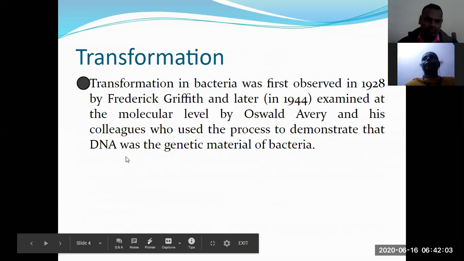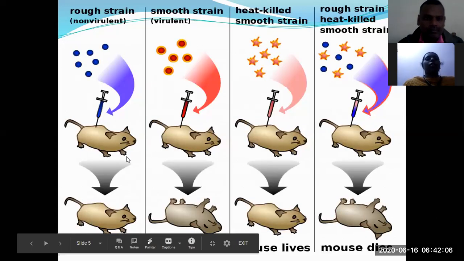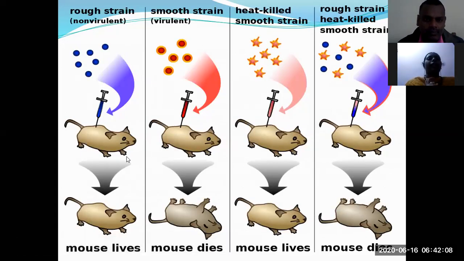Next, he selected two strains, two bacteria. One is non-virulent. Non-virulent means it doesn't cause disease. Another one is virulent, where it causes diseases. So at first he injected this non-virulent, that is rough strain, to the mouse, where this mouse lives.